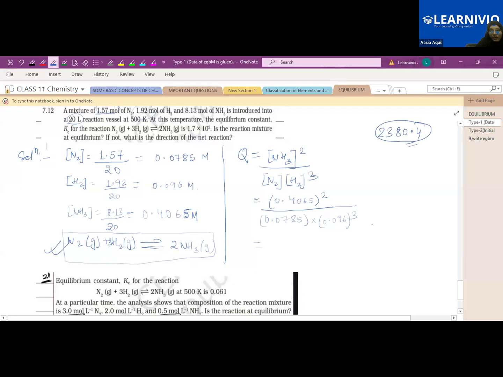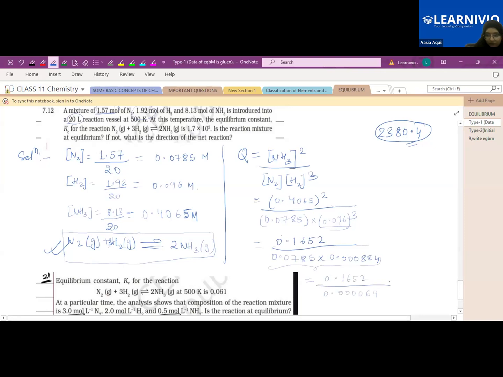Okay, let's check it out. When you multiply 0.4065 by itself, it will give you something like 0.1652. And when you take the cube of 0.096 and multiply by 0.0785, you will get 0.000069. Now just divide these two: 0.1652 divided by 0.000069.